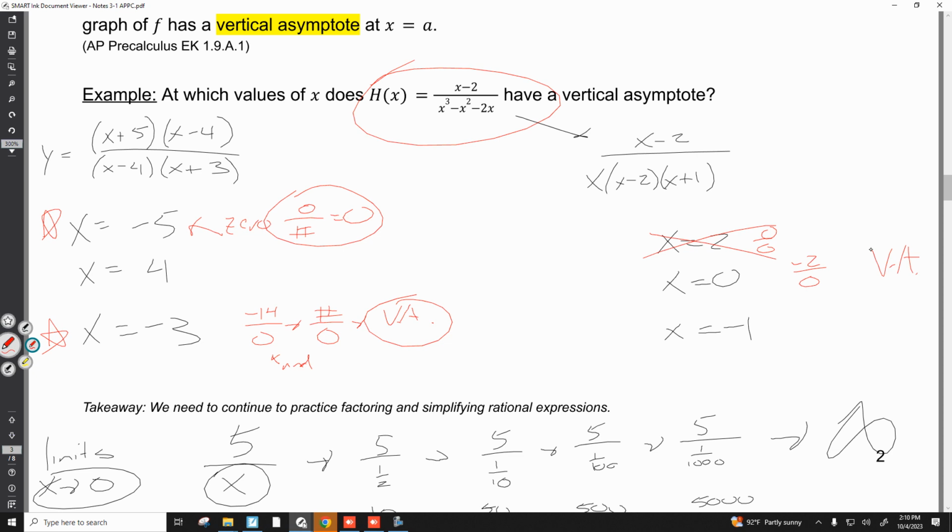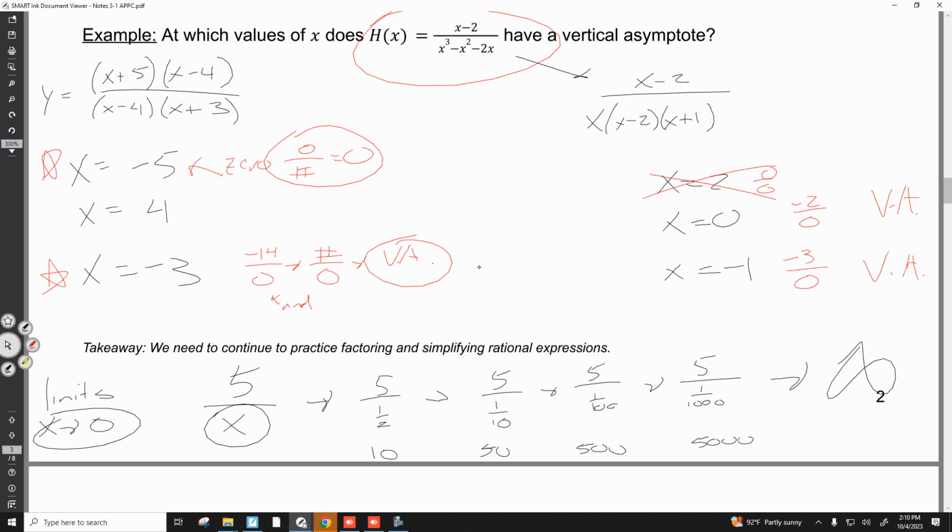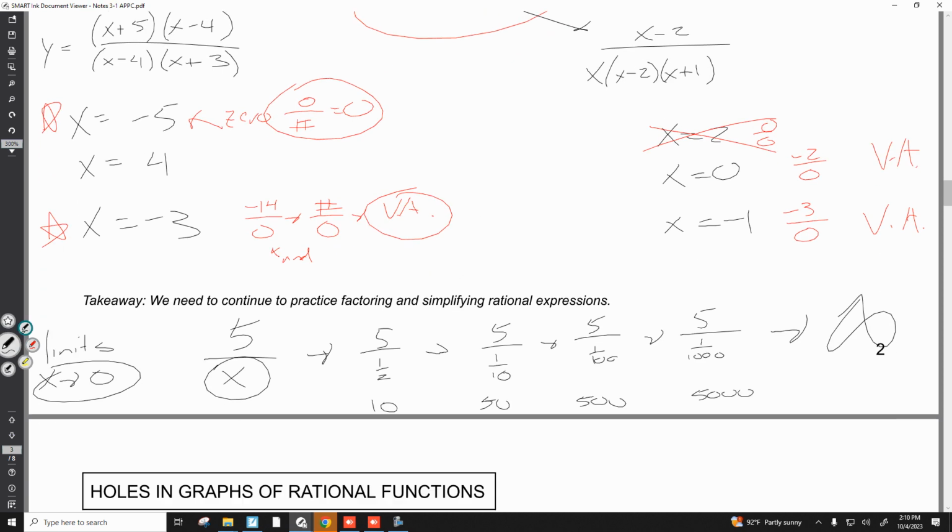If I plugged in something close to -1, I'd get something close to -3 and something close to 0. Don't divide by 0, you're not allowed to. But divide by something close to 0, you're going to get a very large number, and that is why that's a vertical asymptote. Okay. Now, the last value we need to investigate is x equals 4.